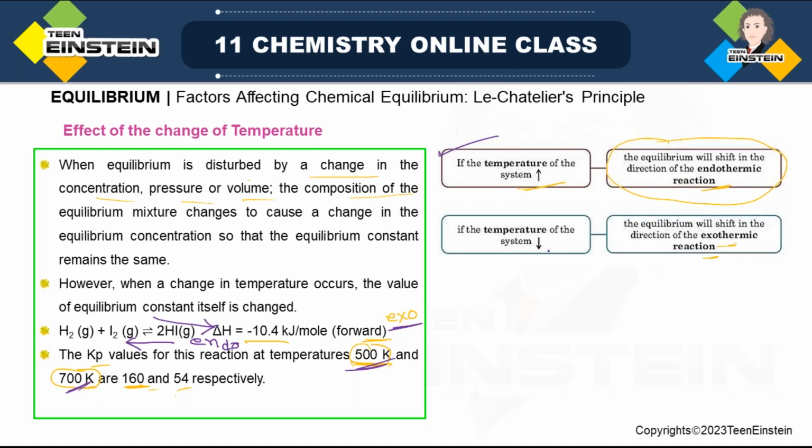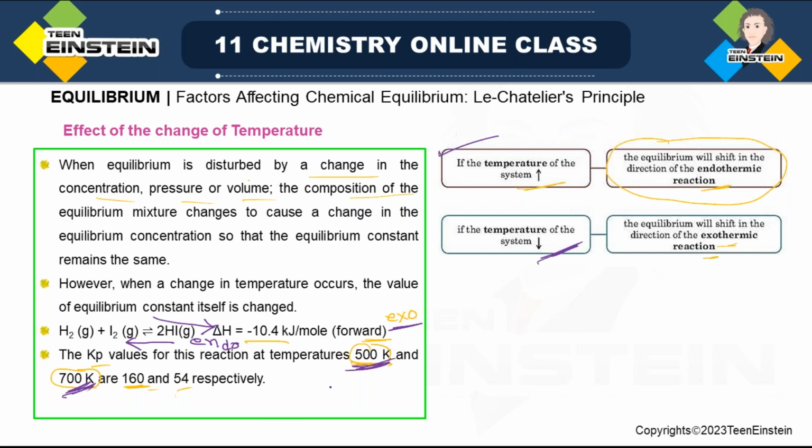Similarly, if the temperature of the system is decreased, suppose from 700 you are now moving to 500, so you are decreasing the temperature. Now the system will prefer that direction where heat energy is released, because energy is now less. In this case, it will produce more HI.